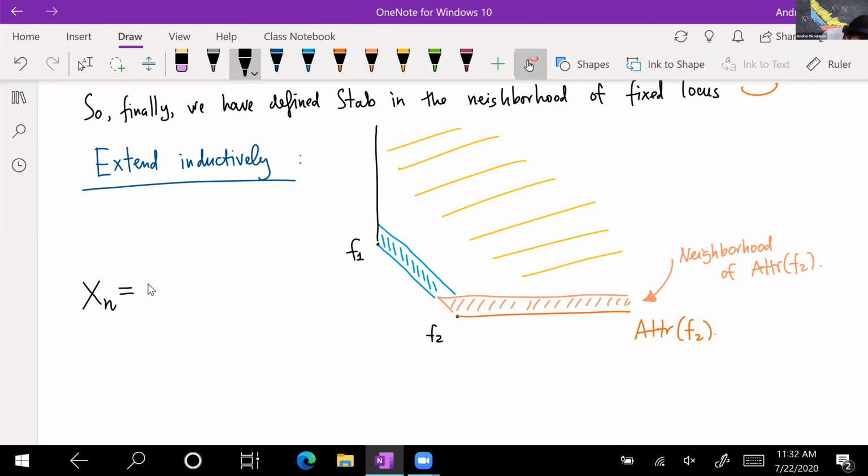This would be the union over i bigger or equal than n of the attracting manifolds of Fi. And so in this picture, this would be X2. This would be X1 take out X2. And this would be X take out X1.